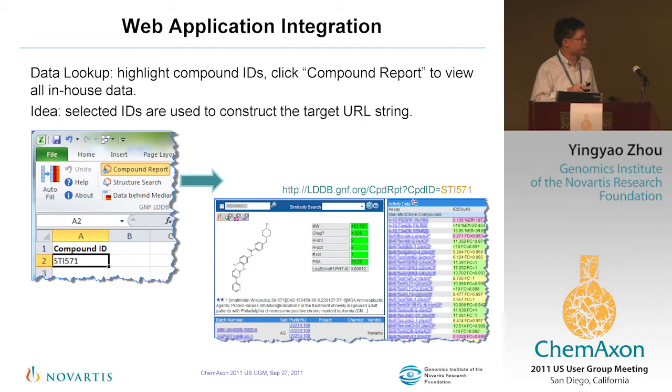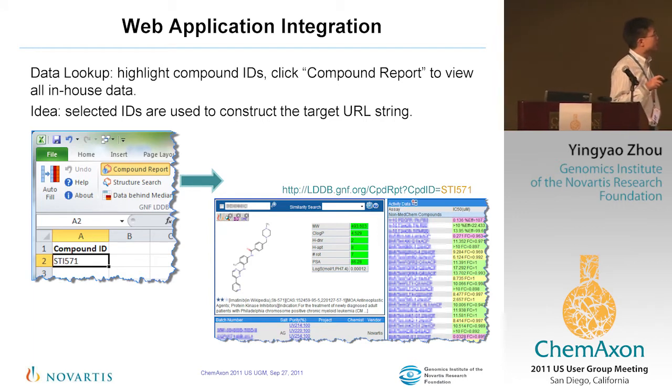That's the application most often used by scientists. So what happens is scientists have data within Excel. They have a compound ID. In order to look at all the data we have collected, they copy this ID, open that web page, paste it in, do a search, and show the result. A couple of clicks there, okay?